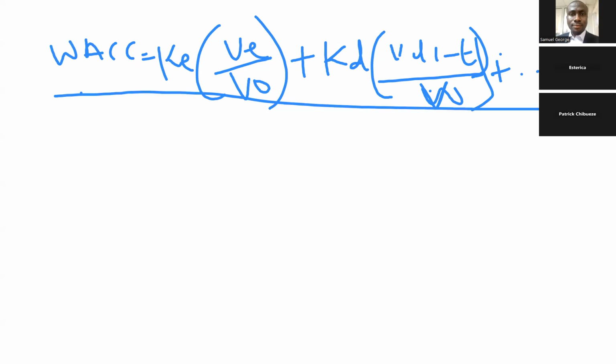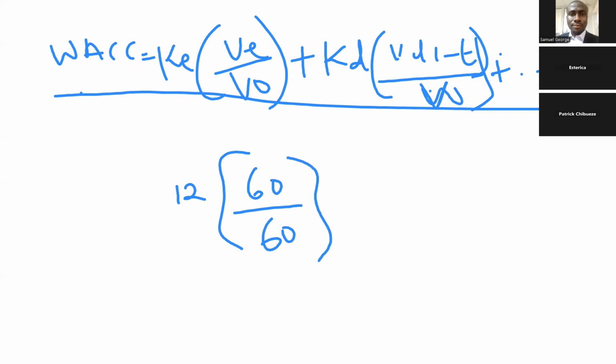For example, let's say KE is 12%. Market value of equity is 60 million. The only thing the company has is equity as capital, so total VO will be 60 million. There is nothing like debt because the company is not financed by debt. So you do 60 over 60, times 12, so your WACC still remains 12%. This is the WACC of an ungeared company.